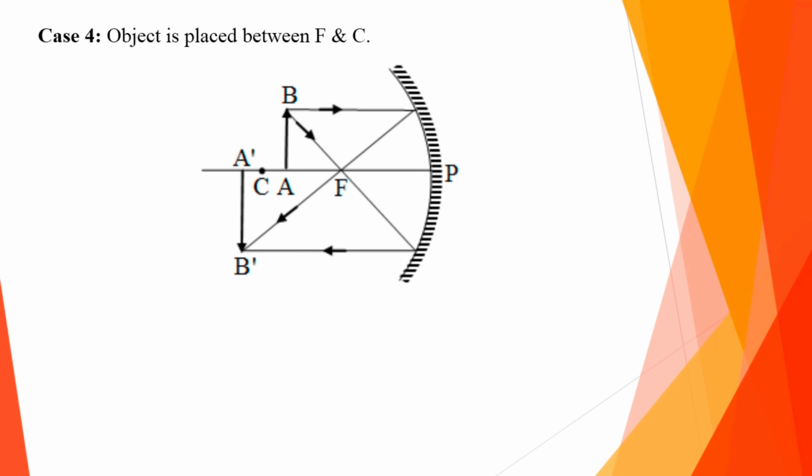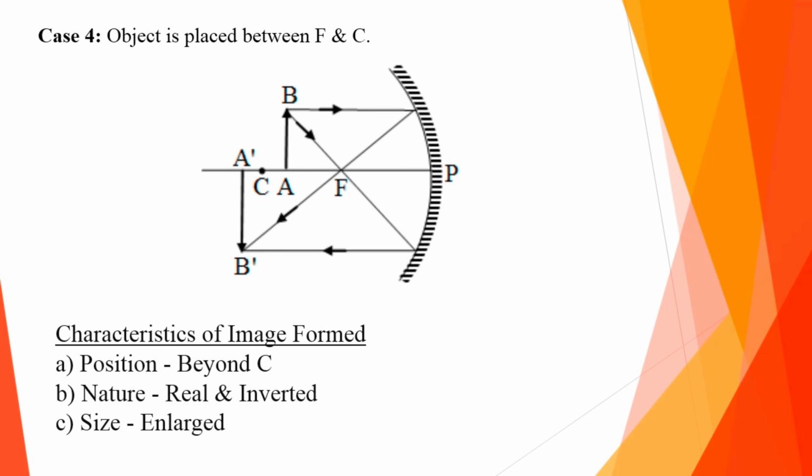The image will be formed beyond C. So you can see the position of the object is between C and F, and the position of the image is beyond C, and nature is real and inverted, and the size is enlarged, that is, greater than the object.